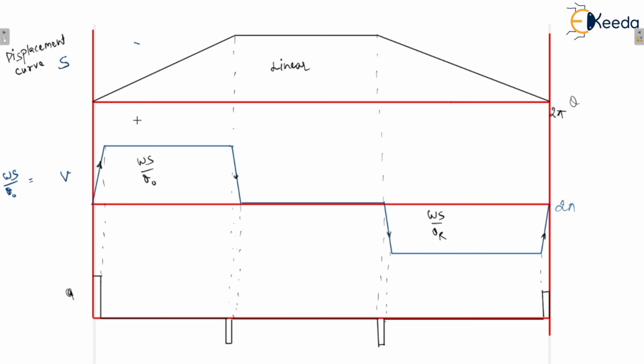So what is the use of uniform velocity motion, and when do we use that? Generally in examinations they will ask which type of motion is used for very low speed applications. So we will use uniform velocity motion of the follower.